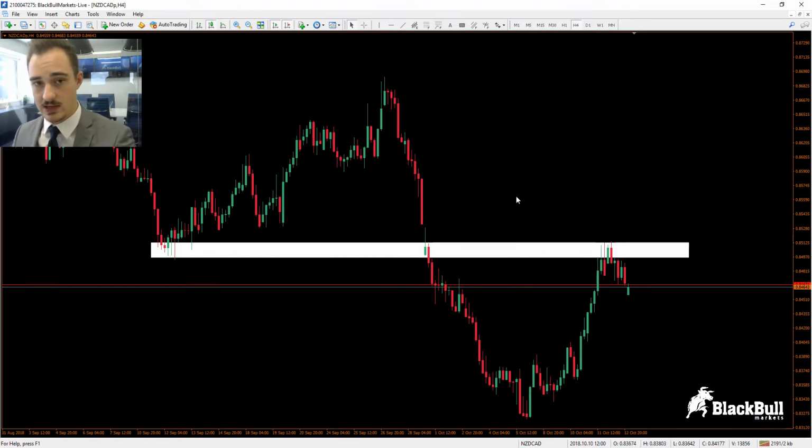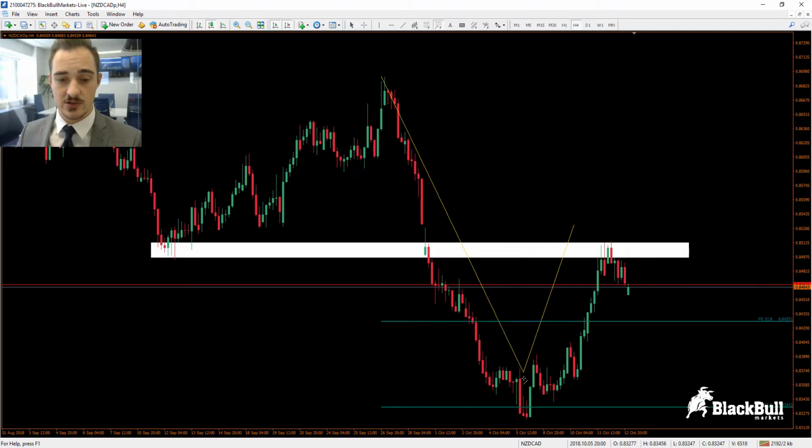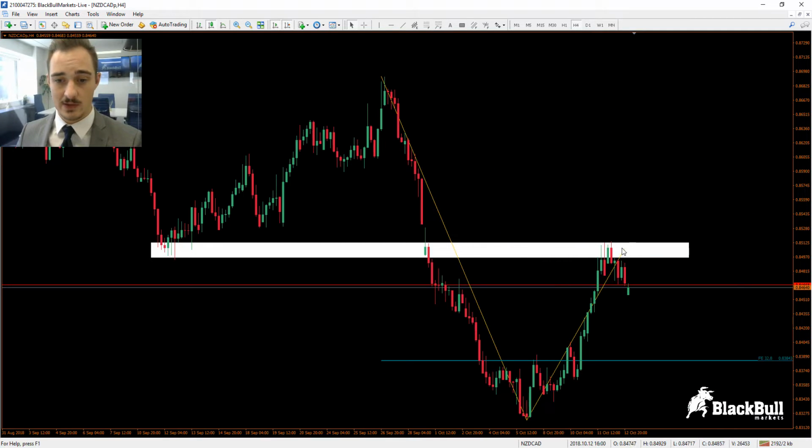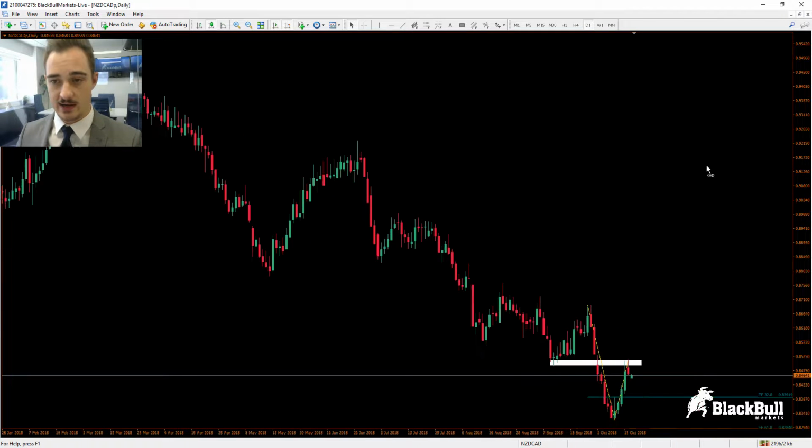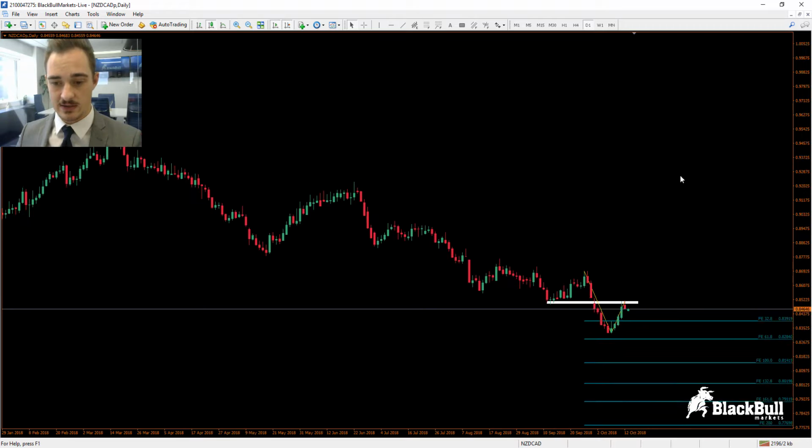We can also then use a Fibonacci expansion. So this is usually, if you have a Fibonacci retracement, you can tend to use a Fibonacci expansion to sort of measure where a potential target area will be for the market's next move. So the moves we will usually be looking for is a 61.8%, 100%, and then a very, very important one for me as well is a 161.8.